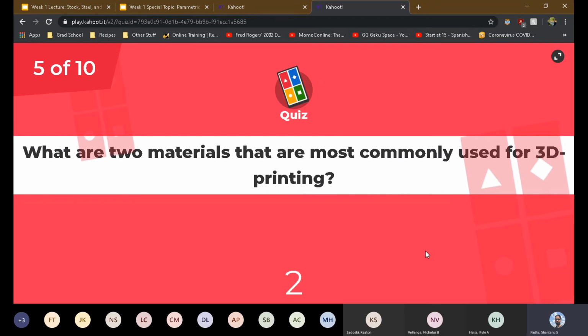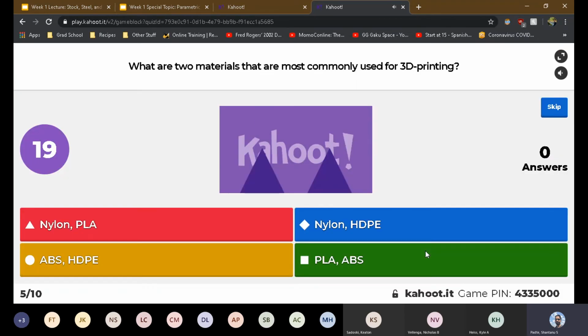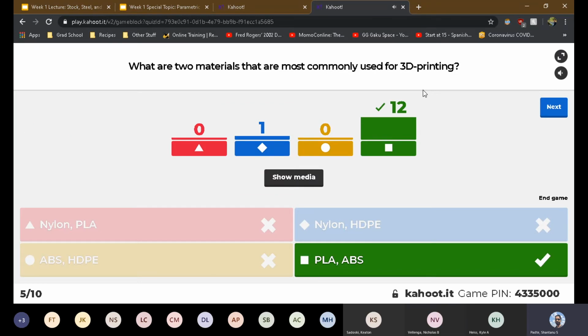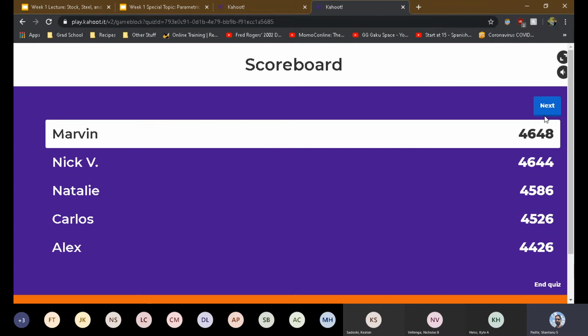What are 2 materials that are most commonly used for 3D printing? PLA and ABS. Nylon is used though. I have used nylon. Yeah, cool. We personally use PLA a lot, although I don't remember using ABS.